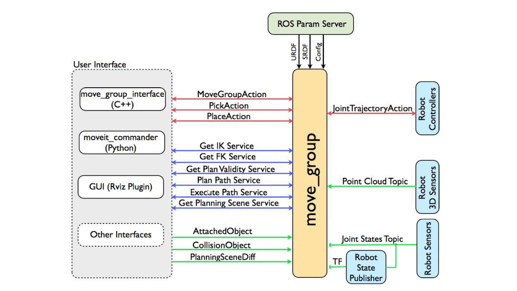I do not want to go into the detail right now, but I just wanted to show you the architecture of MoveIt, which will be very important in order to not make any confusion.